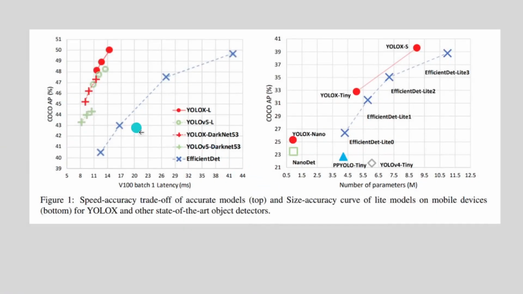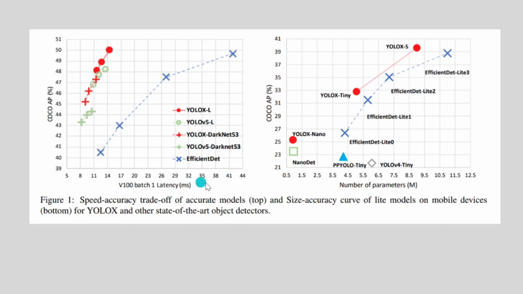Finally, when we take a look at the graph for the performance of the YOLOX model, this is the YOLOX large model, and we can compare it with other models such as the YOLO v5 large model, the YOLOX Darknet 53 model, and EfficientDet, which is a detector built by Google.